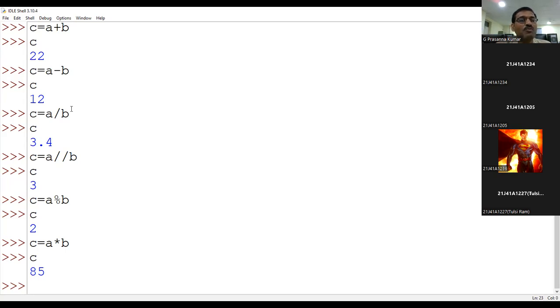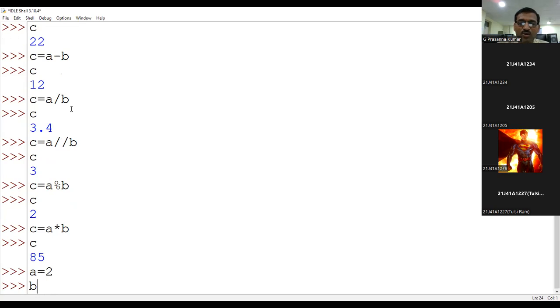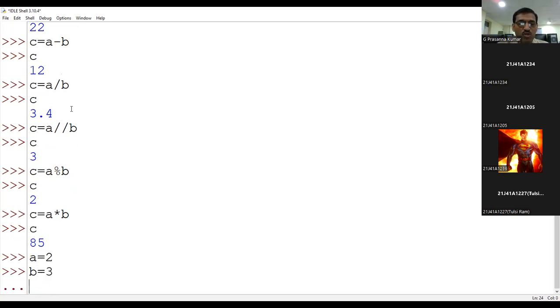I have not told one more, which is the power. For example, I assign a small number: a equal to 2 and b equal to 3. If you use c equal to a double star of b, that is 2 to the power of 3, which is 8.